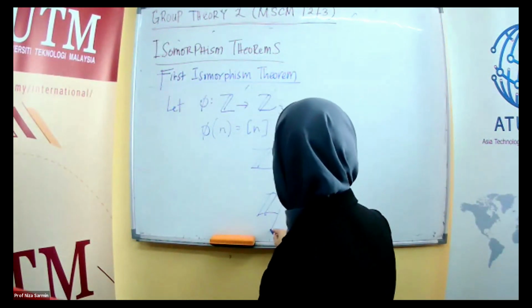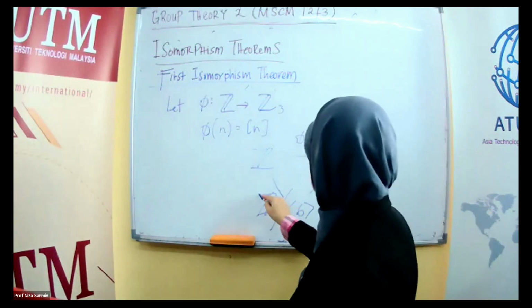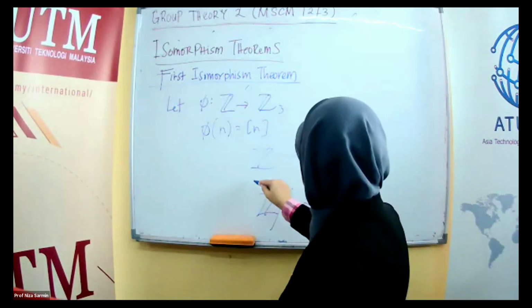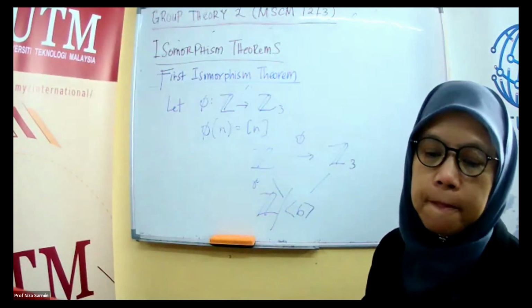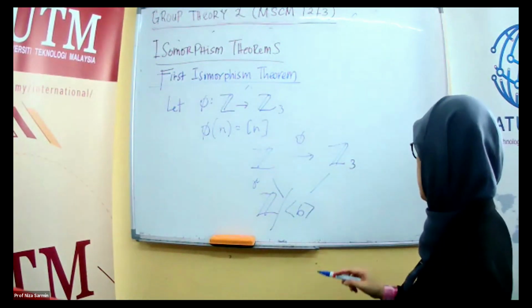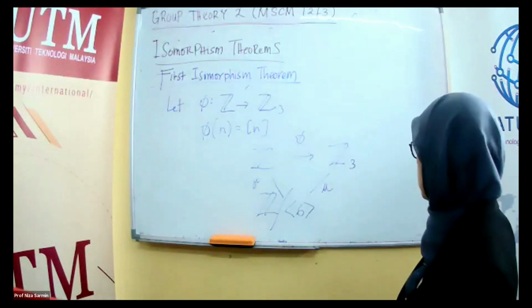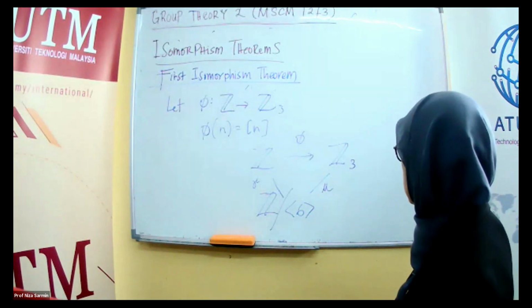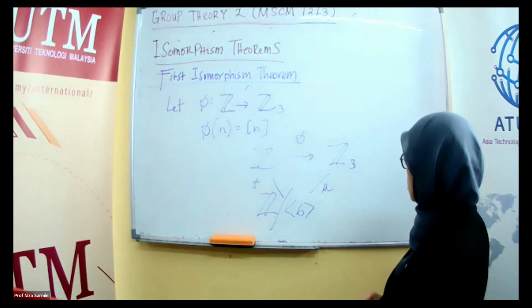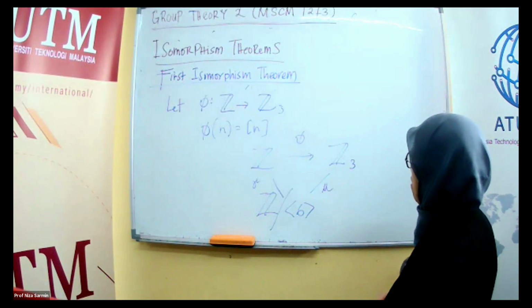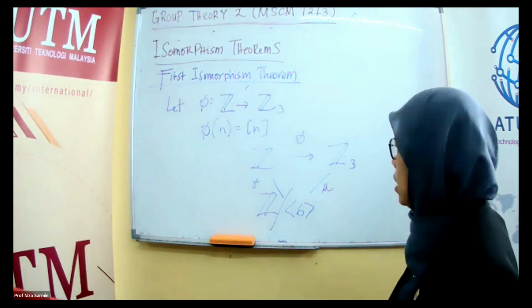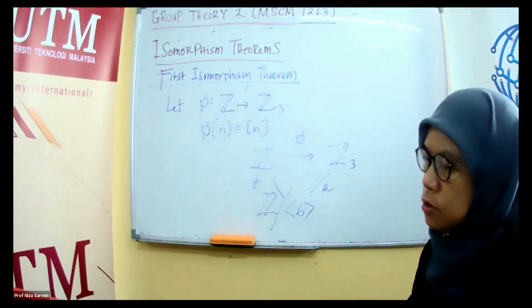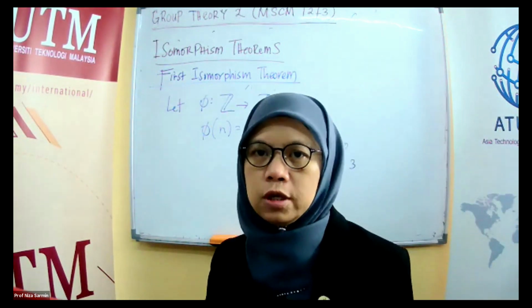So take that out. And I want this to be my mapping. So this is new. What I want is to break up Z into 3 cosets.